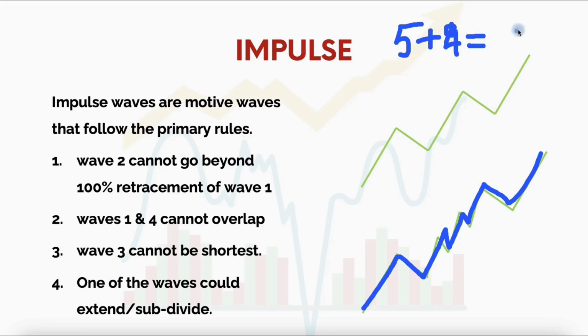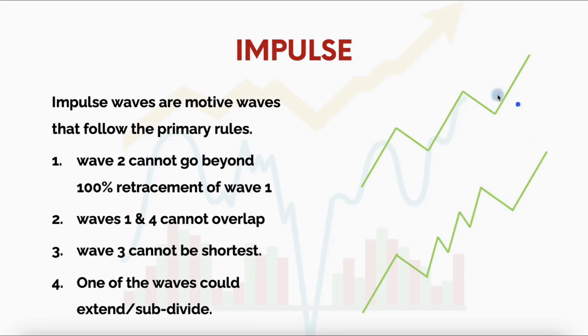So it is possible that these motive waves could have 5 legs like this, could have 9 legs like this, could also have 13 legs. So we keep adding plus 4 to the count. So how could it become 13 from 9? In this case, this itself is a 5-wave motive wave, right?